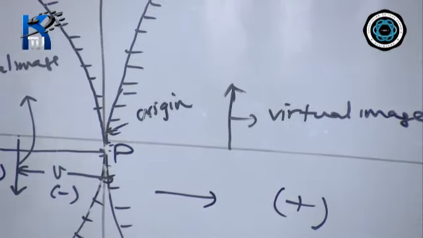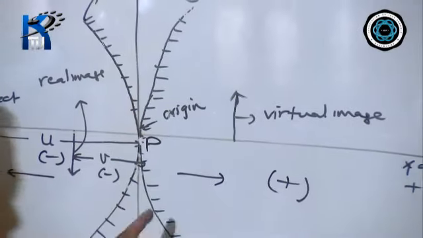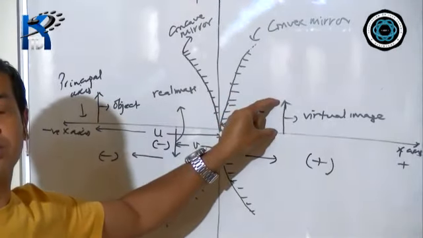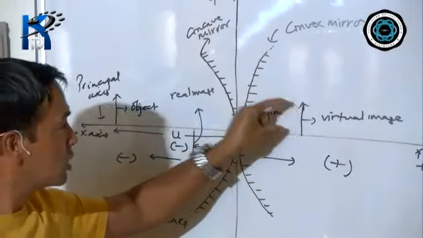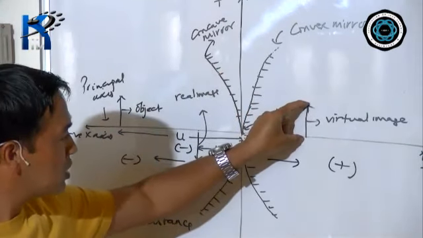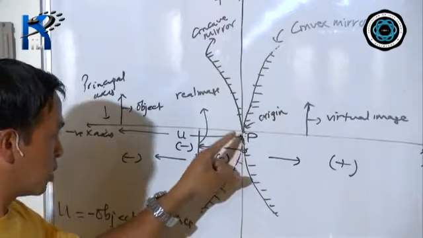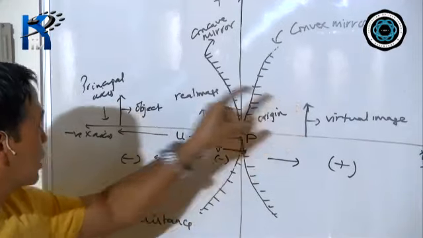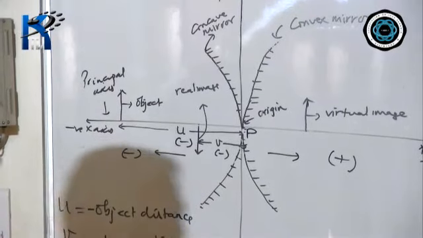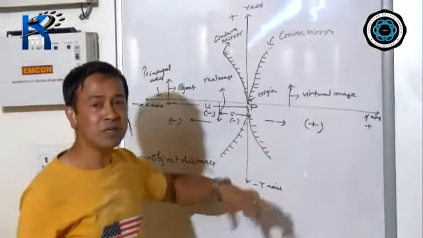But let me make it even clearer. When a convex mirror forms a virtual image of any object, the size of the virtual image is smaller than the object. So remember it. Convex mirror forms a virtual image to the right side of the mirror, and its size is smaller than the object. But the concave mirror is the only mirror which can form a virtual image whose size will be larger.